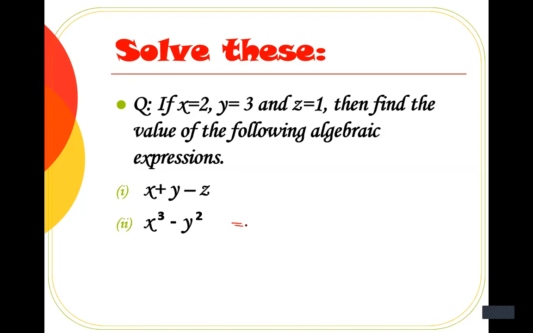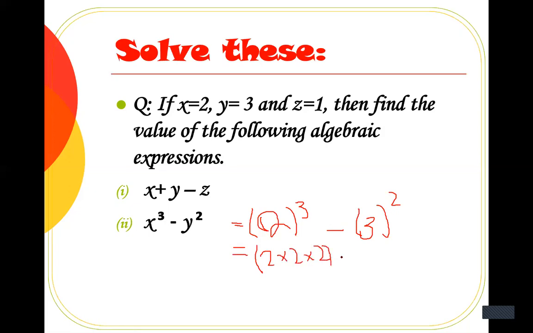Why your answer must not be 1. You will place inside the bracket the value of x, that is 2, then exponent 3, then minus bracket y replaced with 3, and then exponent 2. Now you will open the bracket: 2 multiply by 2 multiply by 2 minus 3 multiply by 3. 2 multiply by 2 multiply by 2 will become 8, and 3 multiplied by 3 is 9.